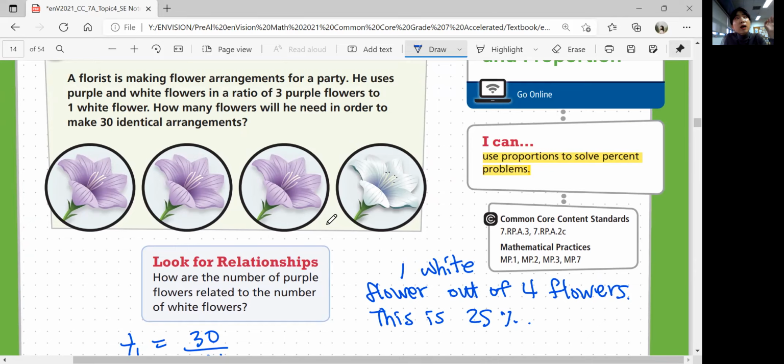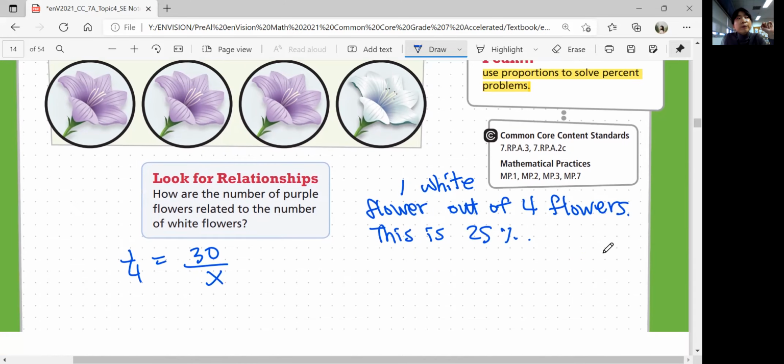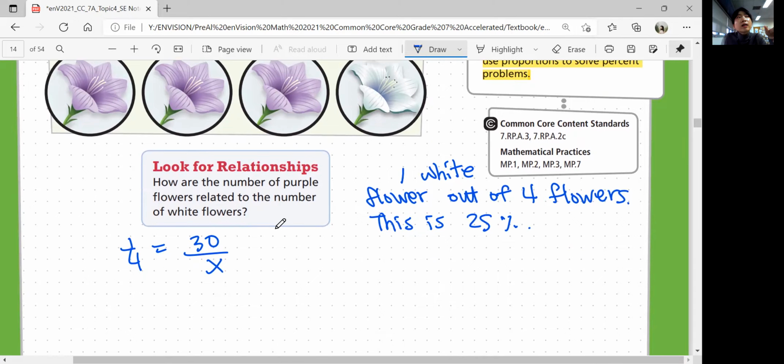One arrangement has 1 white flower. You could choose purple flowers, but it's going to be 3, and 3 times 30 would be 90. So you're dealing with bigger numbers, so it's easier to choose an easier number. 1 white flower out of 4 flowers would be 30 arrangements.